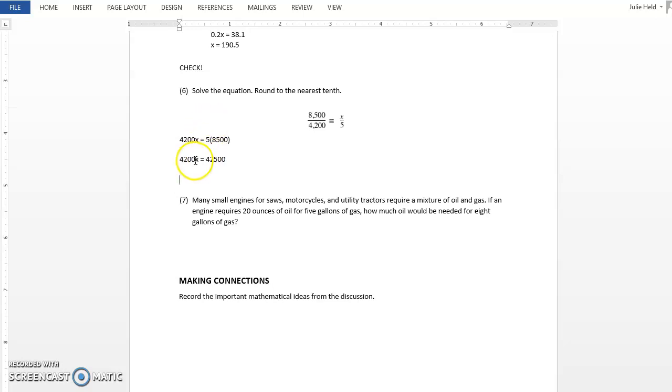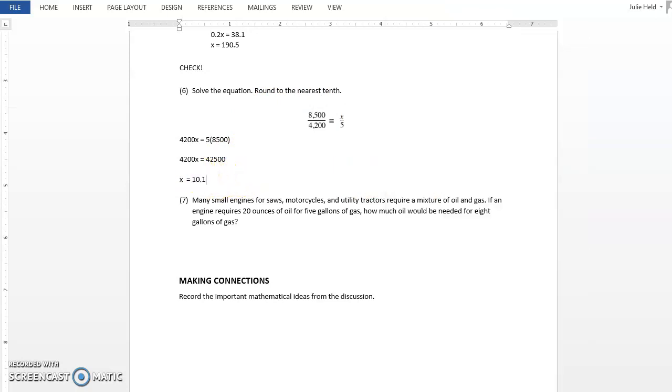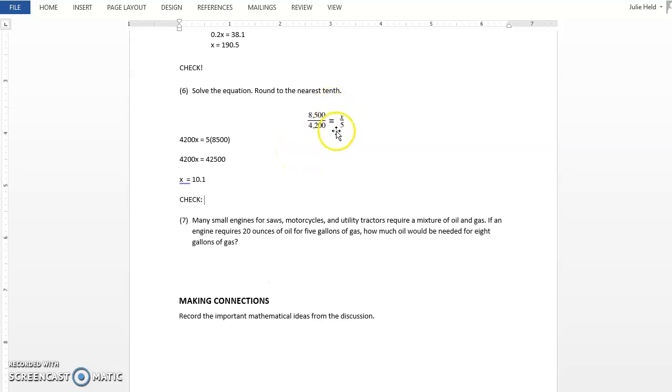So you can tell that it should come out to maybe about 10, because 4,200 times 10 would be 42,000. So I'm going to guess close to 10, but not exactly. Divide the last answer by 4,200. And I get 10.12. It says round to the nearest tenth in the directions, so the next digit wouldn't bump it, so I'll call it 10.1.